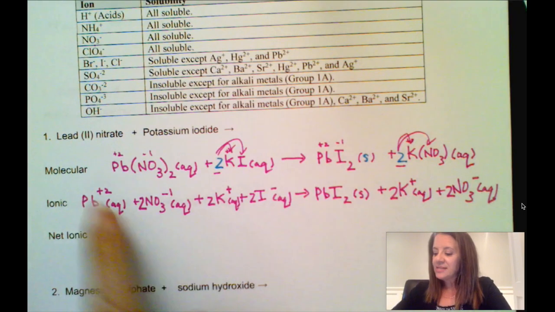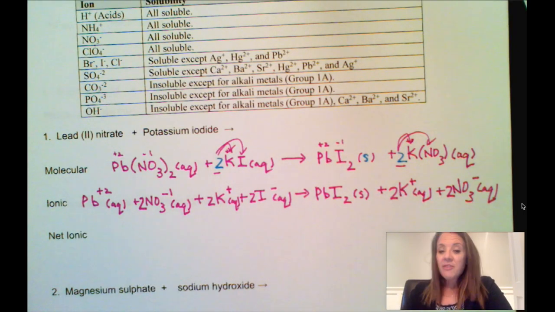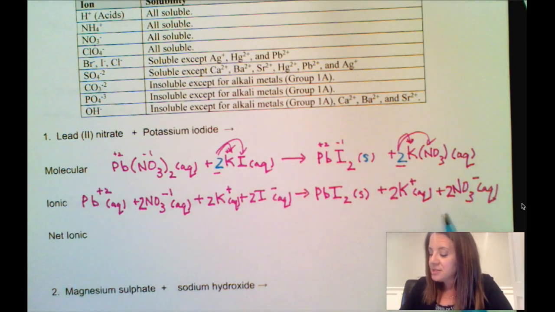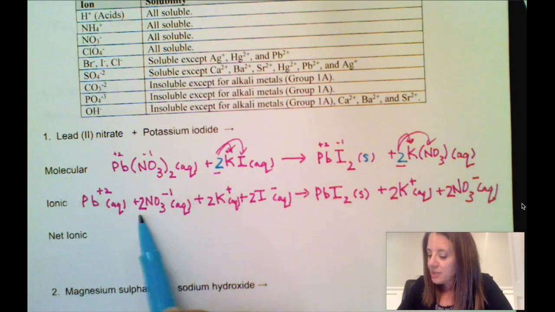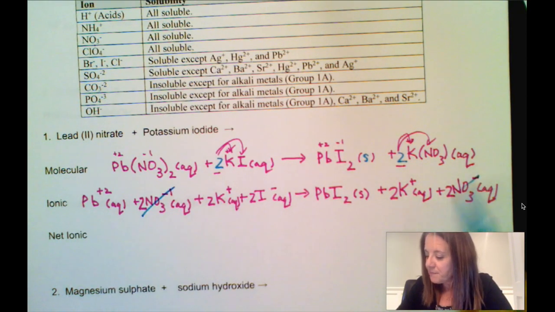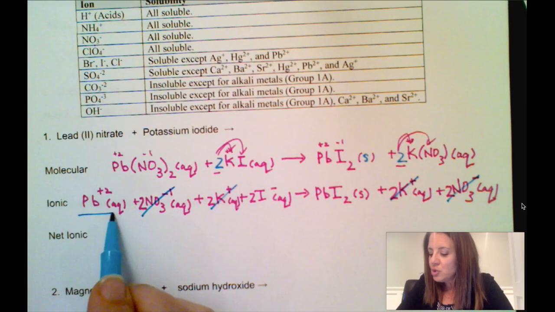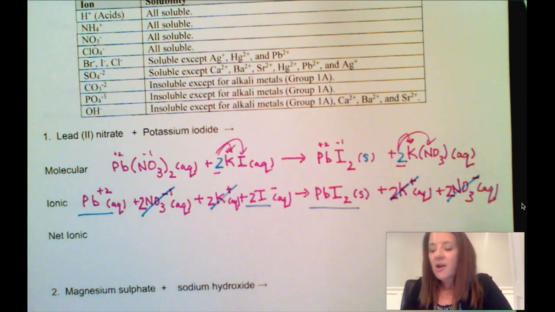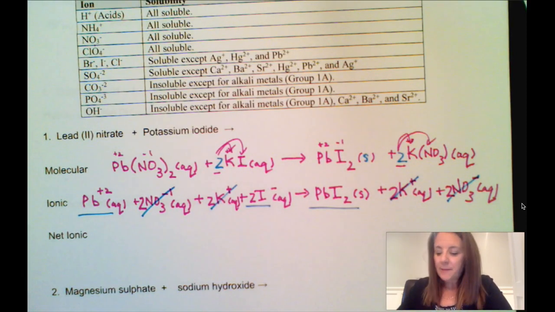Okay, so anything that's aqueous gets broken up. Then what we do is we cross off what we call the spectator ions. So spectator ions are the ones that are common to both sides. Okay, so I see that I have 2 nitrates, I have 2 potassium ions, and what you should be left with are the ions that make up the precipitate.